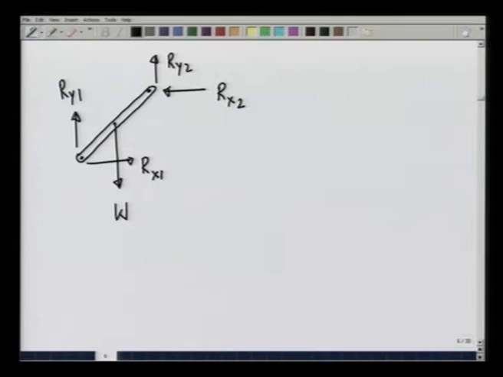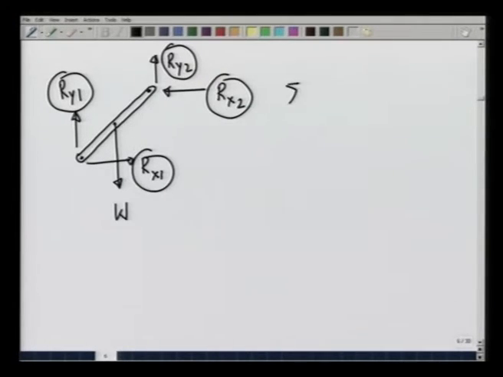In that case, you see that the number of unknowns is 4, R x 2, R y 2, R y 1 and R x 1, and the number of equations is still 3, summation f x equals 0, summation f y equals 0 and summation tau about any point is 0.